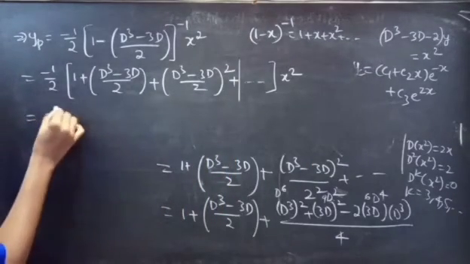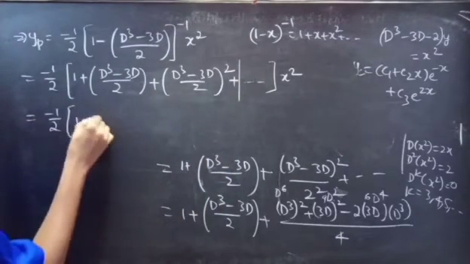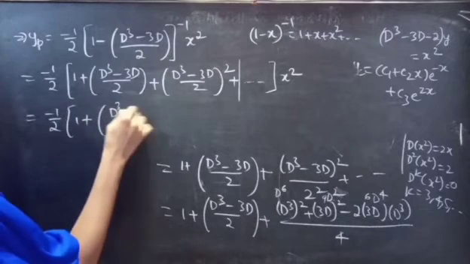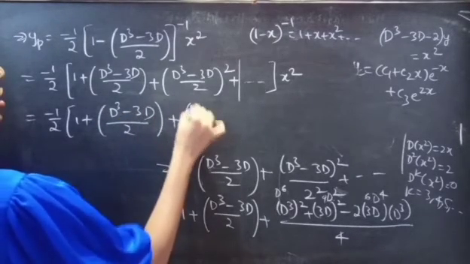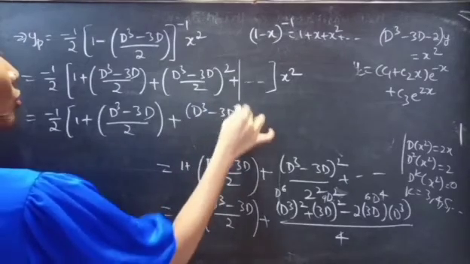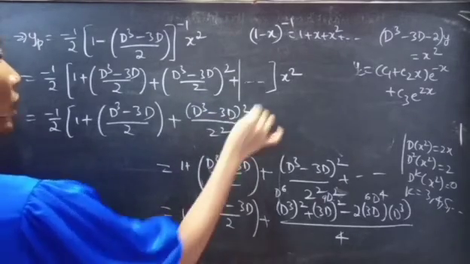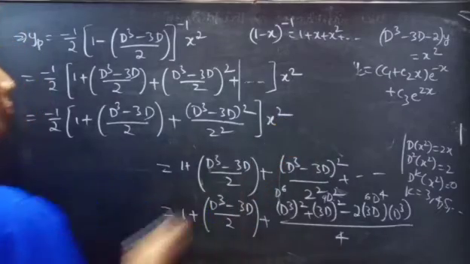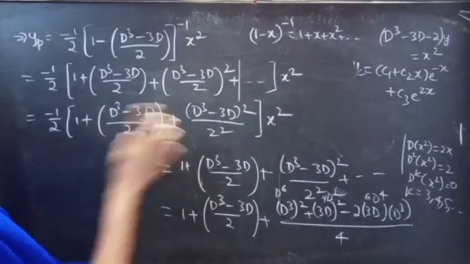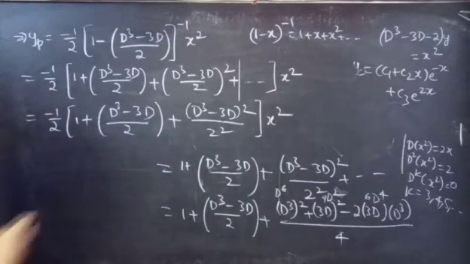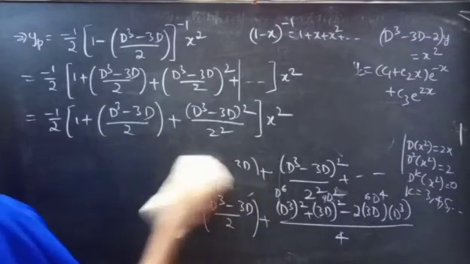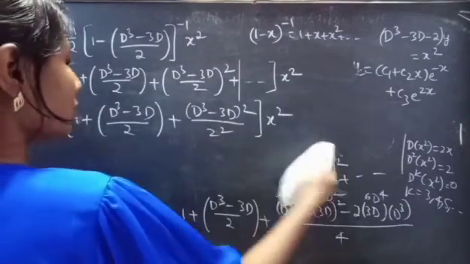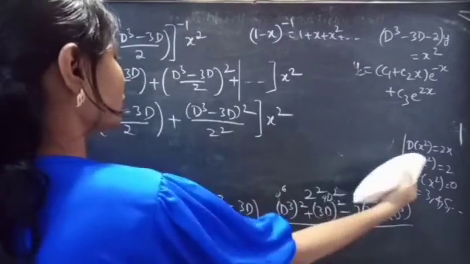This is equal to minus 1 by 2 into 1 plus d cube minus 3d by 2 plus d cube minus 3d whole square by 2 square into x square. Why are we taking only the first few terms? Because d and d square exist only in the first three terms. From the next terms we will get exactly higher derivatives.